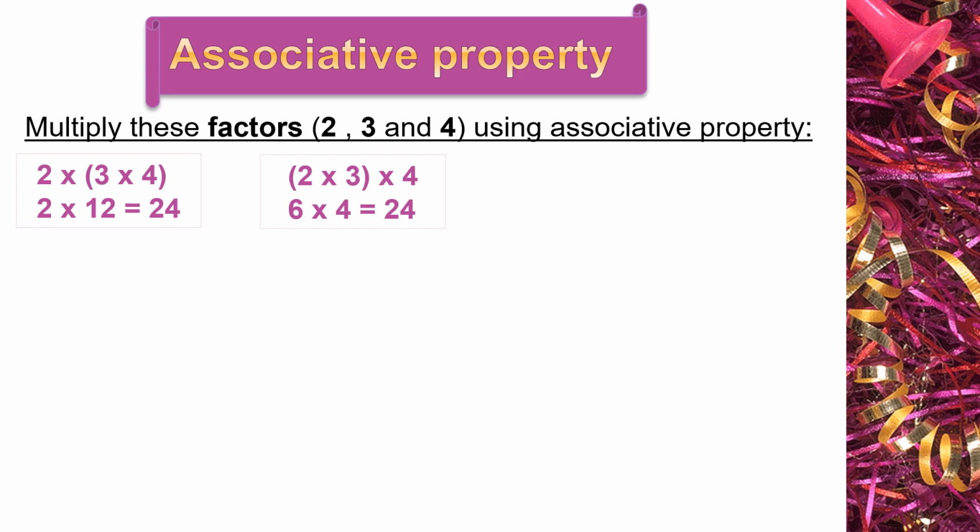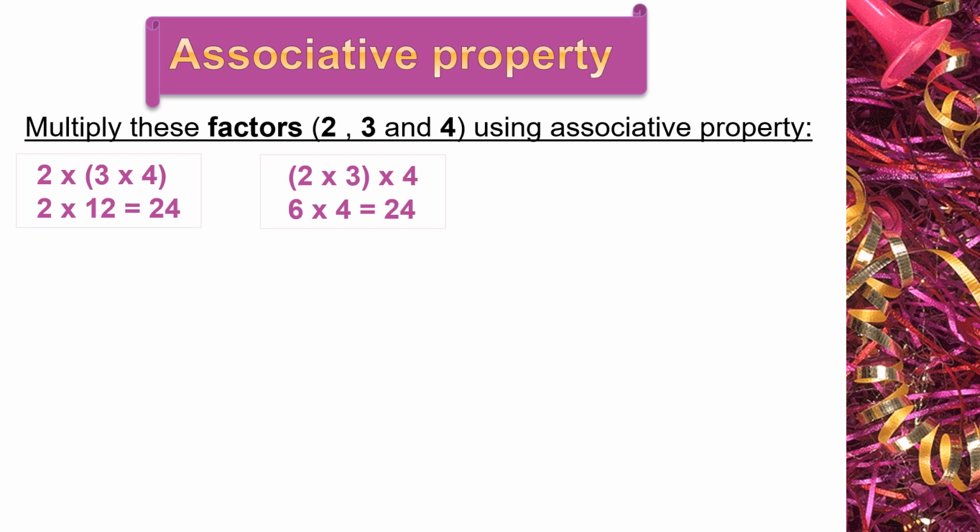When I put two factors or two numbers between two brackets, I must multiply them first. Okay? So I should multiply 2 times 3, then I will take the product, which is 6. 2 times 3 equals 6. I will multiply this 6 by 4. 6 times 4, 24.